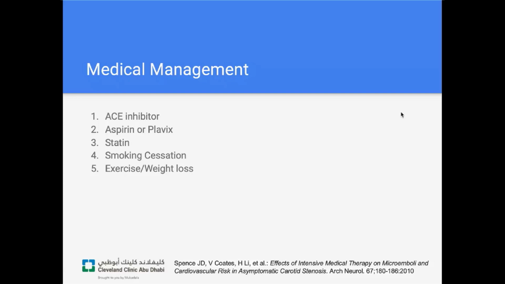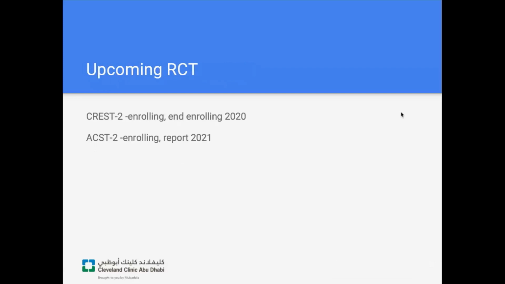This has been shown in non-randomized retrospective fashion to be associated with a potentially lower stroke rate than what was seen in the ACAS trial medical management arm, and also NACIT. And so new trials have been formed to evaluate this with a medical management arm.